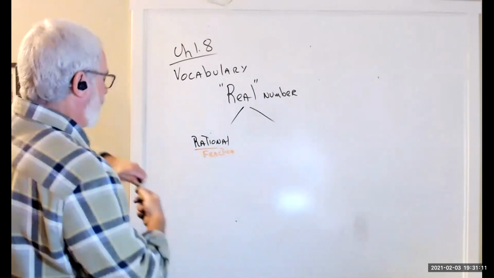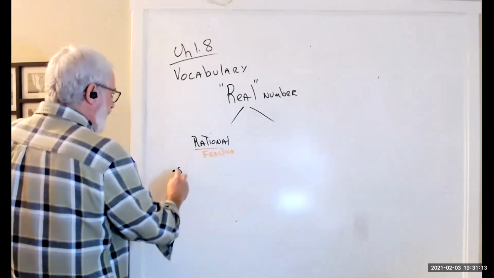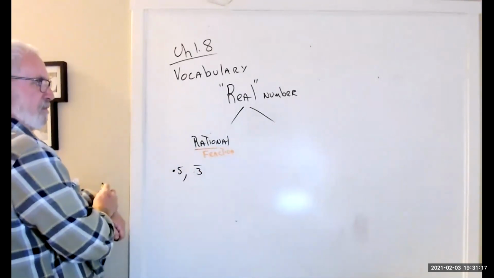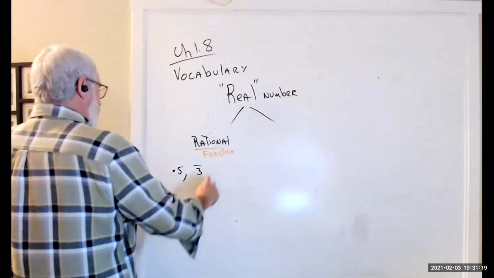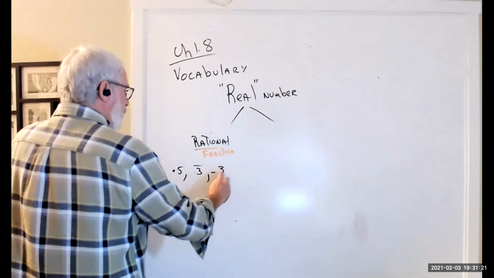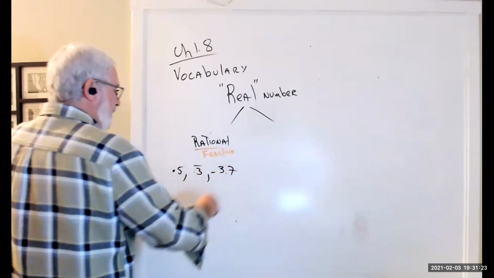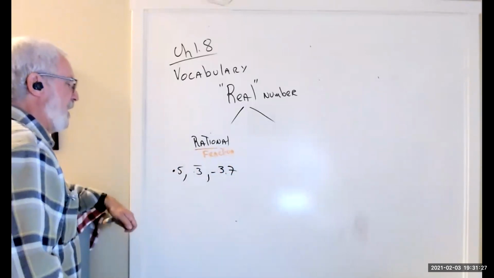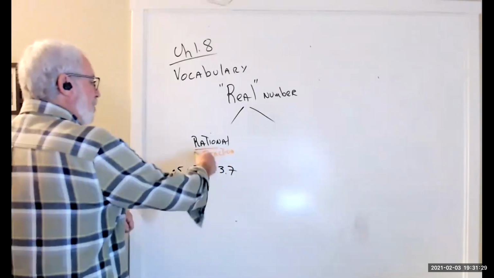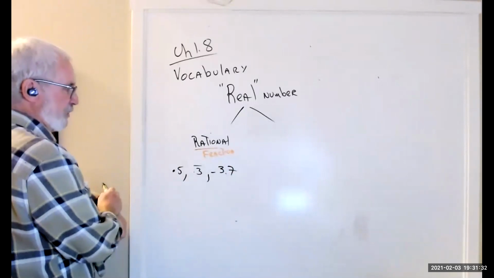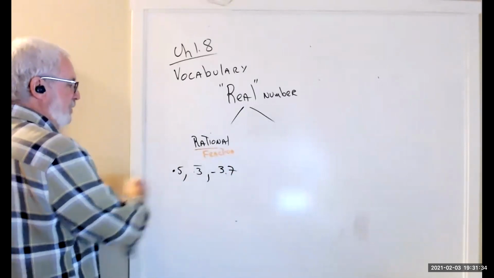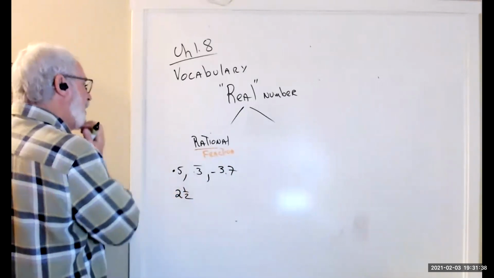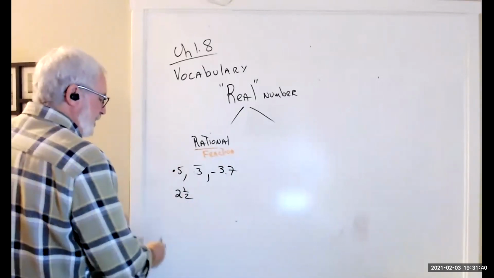We had things like 0.5, 0.3 repeating, negative 3.7, 2.5. These are all rational numbers because ultimately they can be expressed as a fraction.